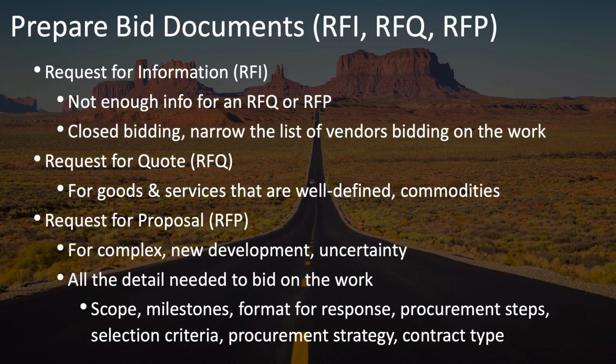It should include things such as the scope of work, any milestones that need to be imposed, the format that the response from the vendors needs to follow, the procurement steps that will be followed. This should be made available as part of the request so that bidders know what to expect. And for those same reasons, the selection criteria and procurement strategy and contract type should typically be all determined up front and included in the request for proposal.